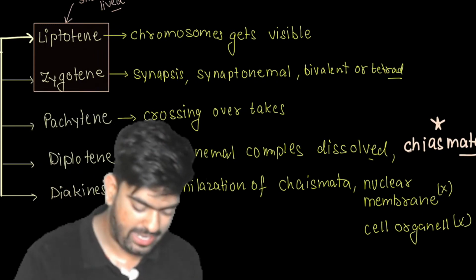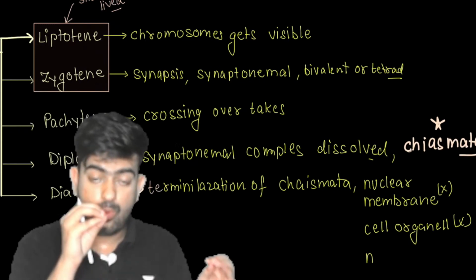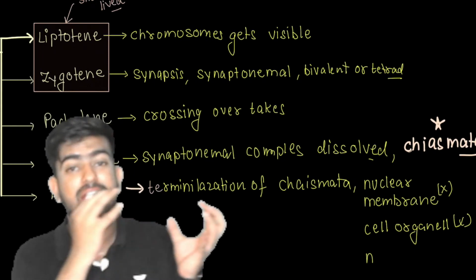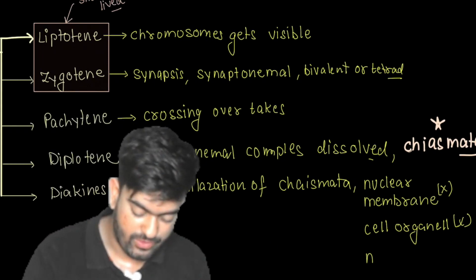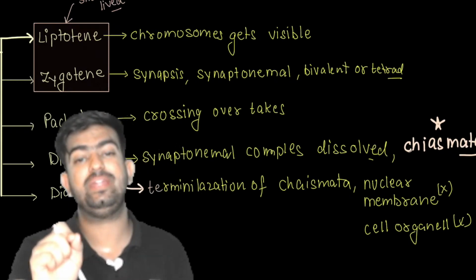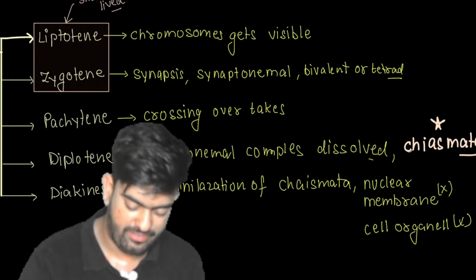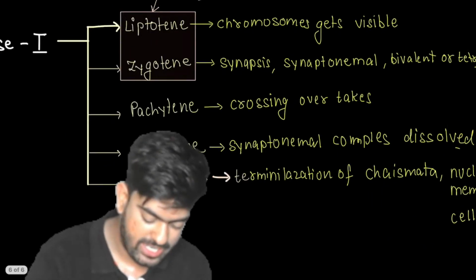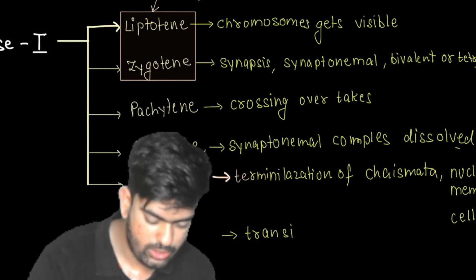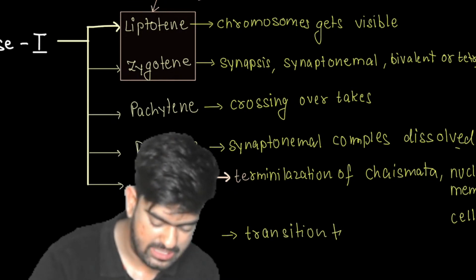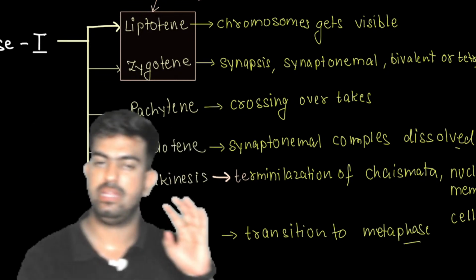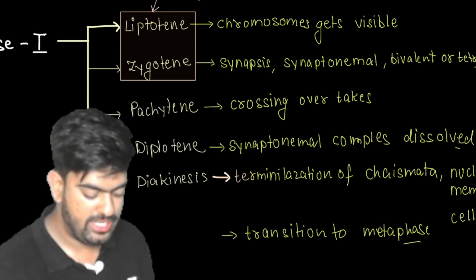Nuclear envelope also, we have written that, right? And the cell is now going to get ready for metaphase, right? So here, transition to metaphase is happening in diakinesis. I hope that this much is clear to each and every one of you.